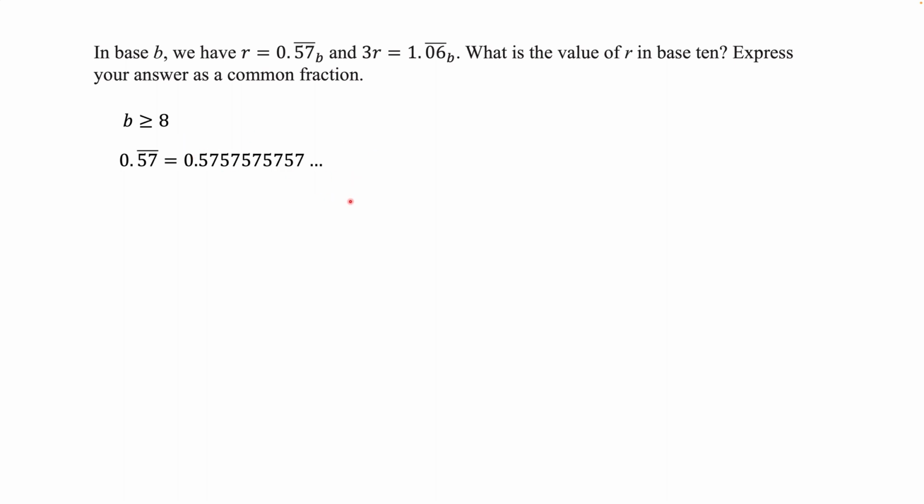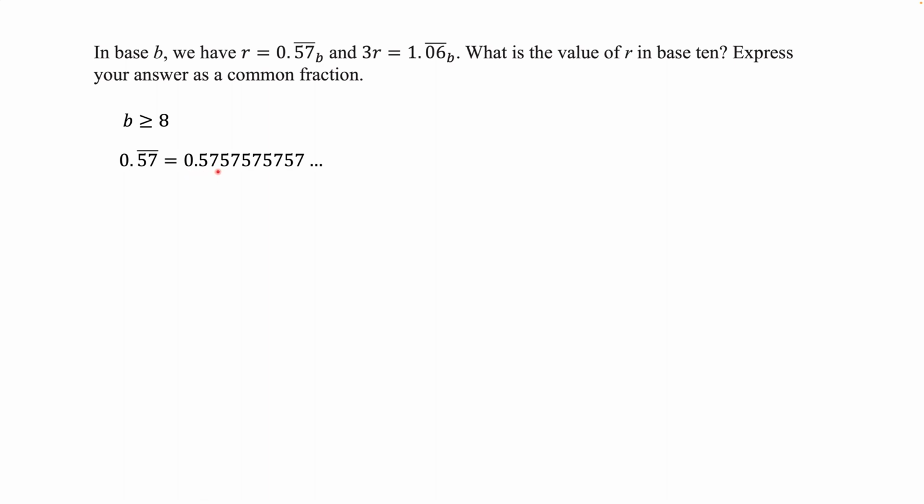The next thing you want to do is convert this 57 bar periodic fraction into a common fraction. There is a standard procedure for it. We want to move the period 2 positions, since our period is 2 digits. How do we move 2 positions?